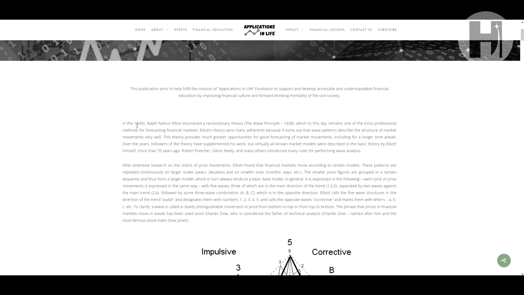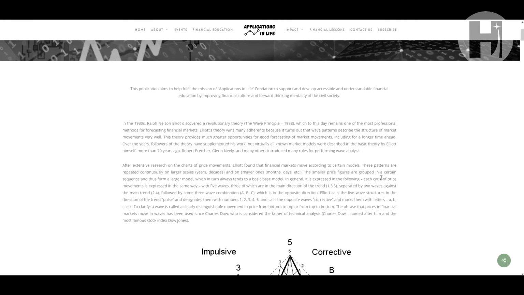So in the 1930s, Ralph Nelson Elliott discovered a revolutionary theory, the wave principle, in 1938, which to this day remains one of the most professional methods for forecasting financial markets. Elliott's theory wins many adherents because it turns out that wave patterns describe the structure of market movements very well.